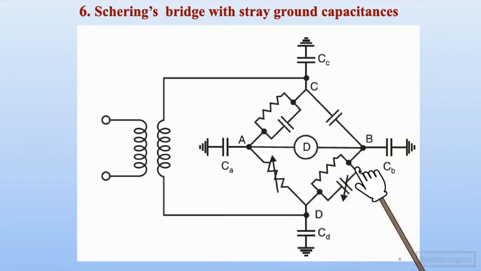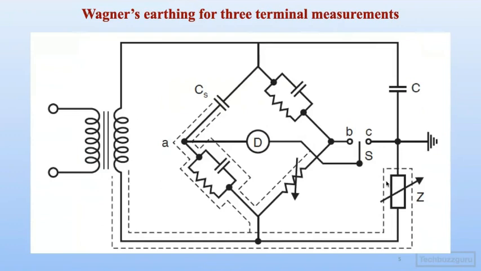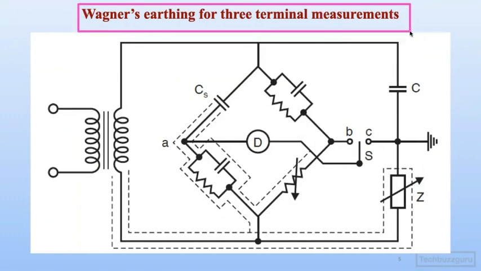Then what about the remaining two capacitors, CA and CB? CA and CB capacitances can be minimized by using the Wagner Earth device or a 6 arms bridge type of arrangement. Let us check that one. So kindly focus your attention here. This is Wagner's earthing for 3 terminal measurements, right?